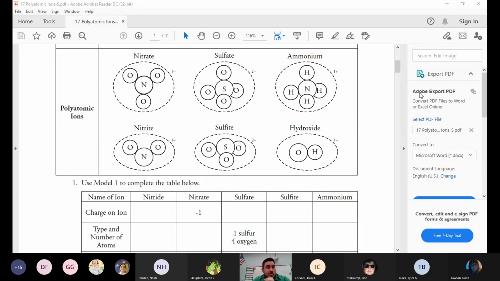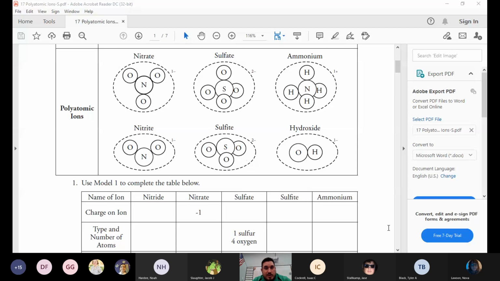And again, what charge do you think chlorite is going to be? So nitrate, nitrite are the same charge. Sulfate and sulfite are the same charge. Then chlorate is 1 negative.